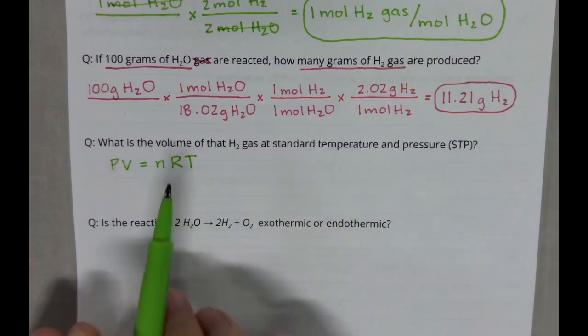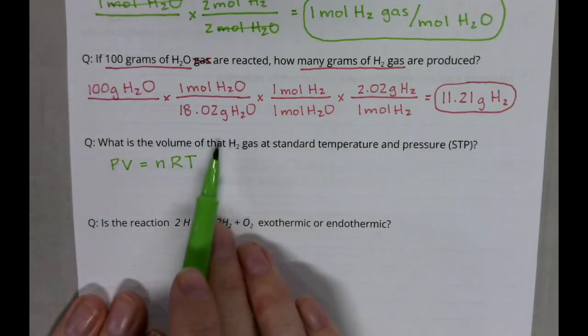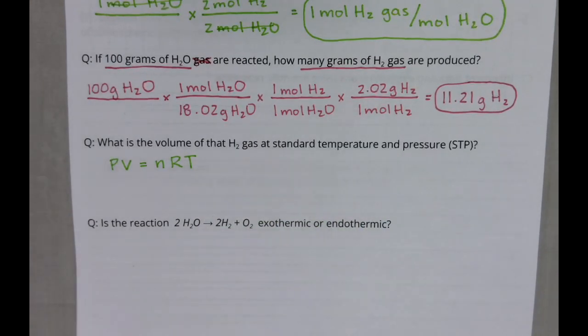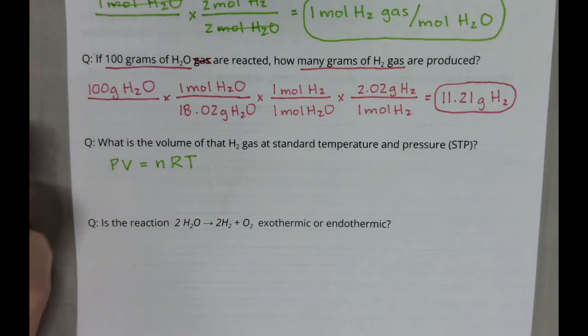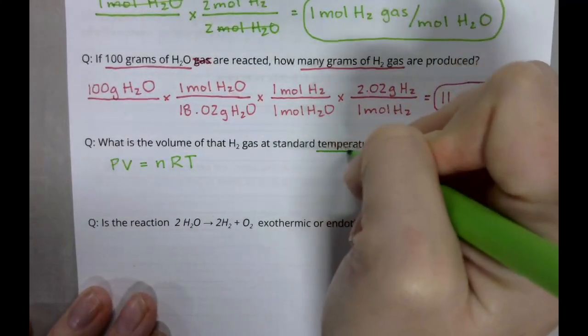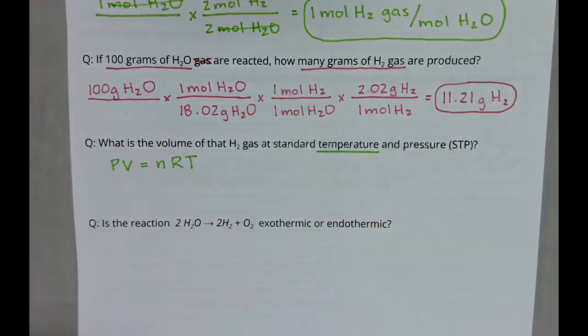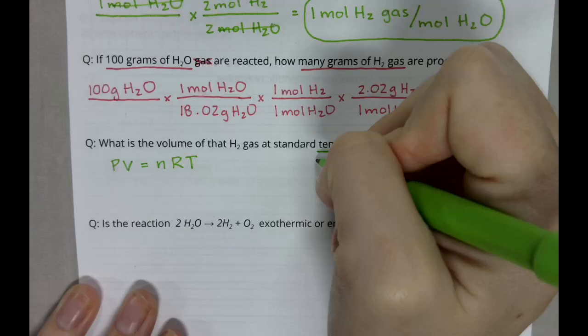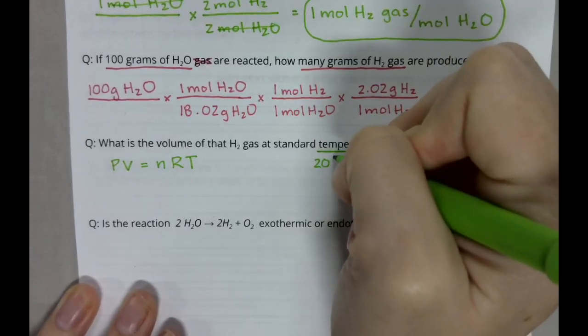All right, so this question wants to know, what's the volume of that H2 gas at standard temperature and pressure? Now, standard temperature and pressure means different things in different places, but let's think about what it should mean for our vehicle. What temperature is that vehicle going to operate at? Well, I would say about 70 degrees Fahrenheit, which is about 20 degrees Celsius.